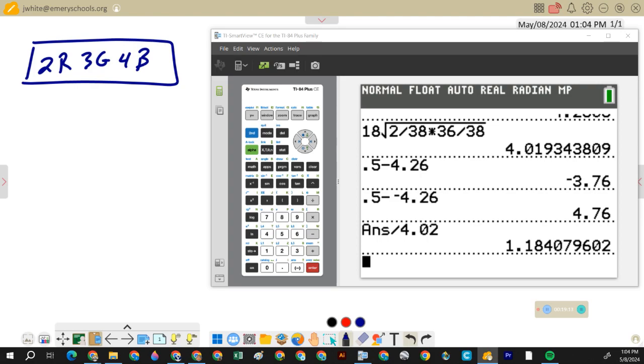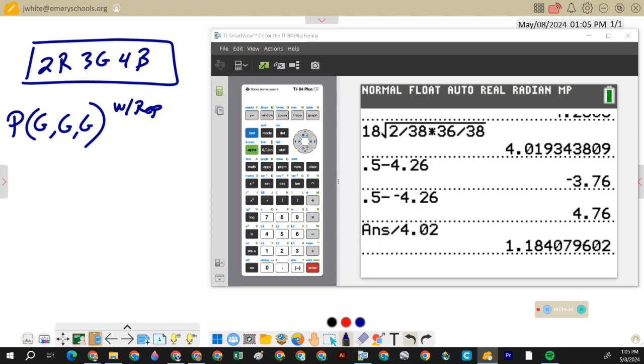Okay. What is the probability of drawing green, green, green with replacement? So we would have to use multiplication.